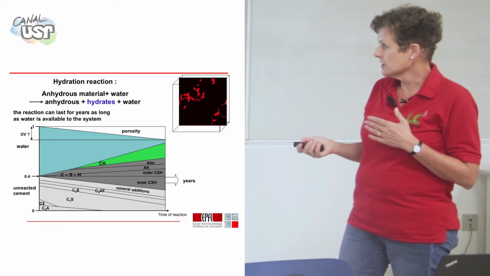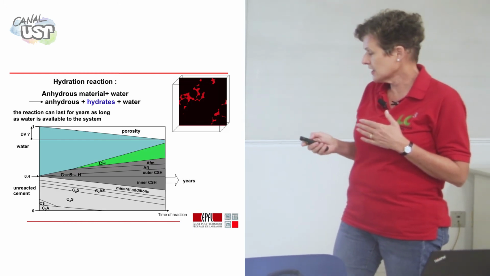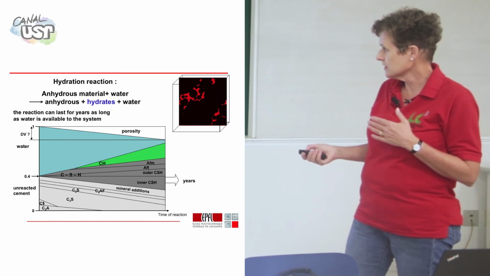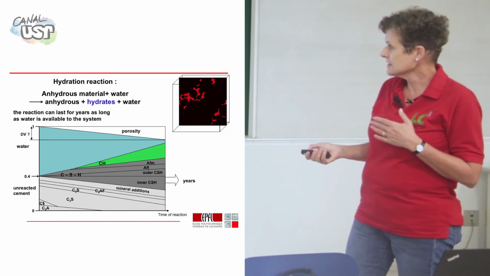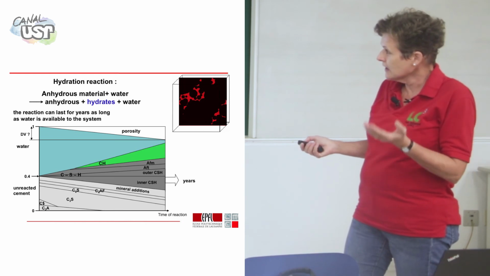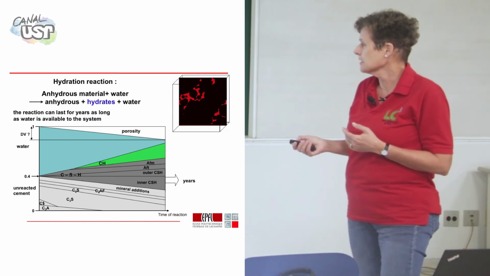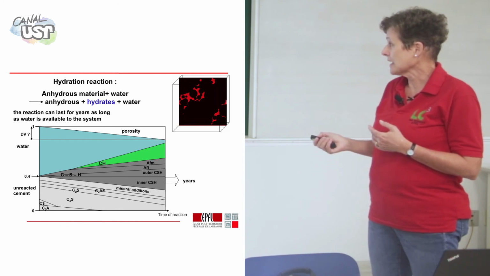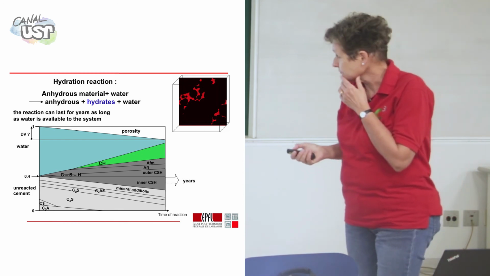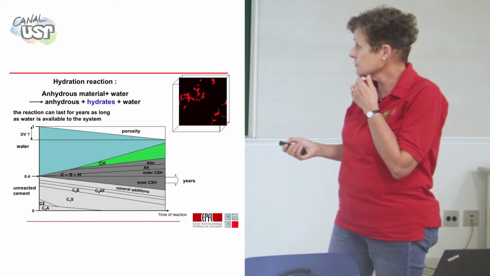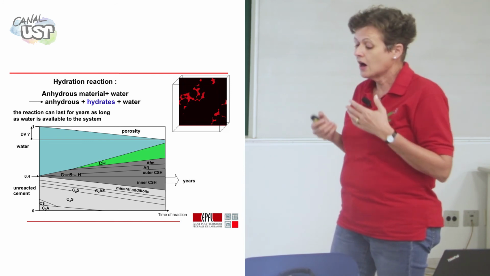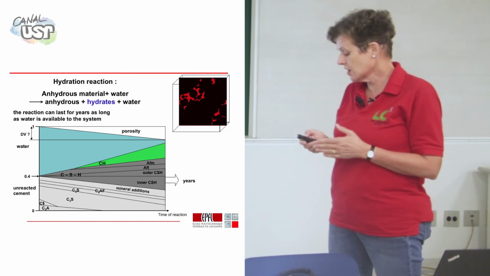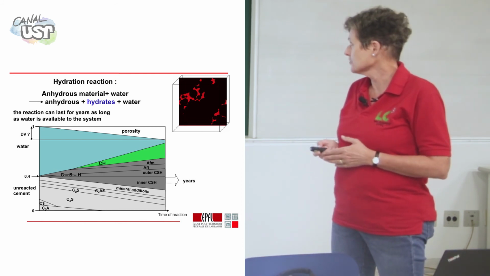If we imagine how things are changing over time, we start here, the unreacted cement is reacting, and it's been replaced by, in this simple case, if we were just thinking about the C3S reaction, by CSH and by calcium hydroxide. You'll note that the overall volume is going down because the total volume of water and anhydrous is slightly larger than the volume of the hydrates.